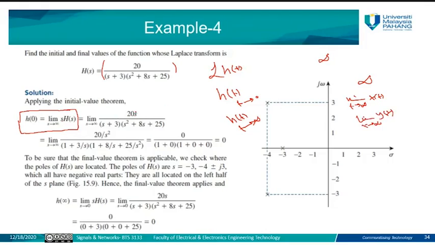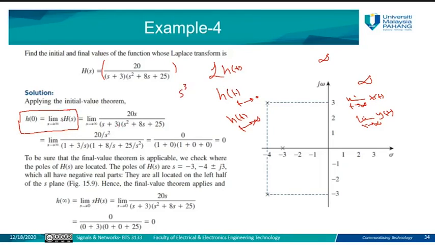You need to do some amendment to the function here in order to make it easier to remove the infinity part. So what we did here, we divided over s cubed, for example, because the highest power of the denominator here is s squared and s, so that means s squared times s will be s cubed.